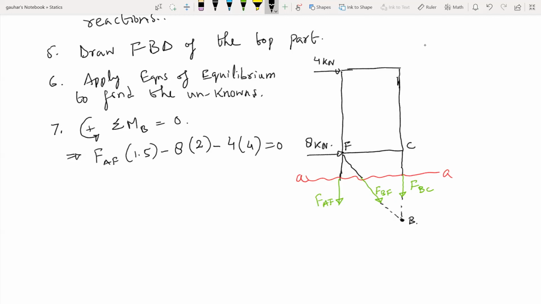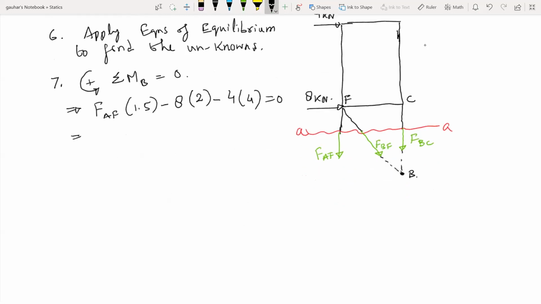So we have these 3 forces creating moment at point B, right? And FAF is creating clockwise moment, so it's positive. Then the other 2 external forces, 4 kilonewtons and 8 kilonewtons, they are creating clockwise moment at point B, right? So these are negative, okay?